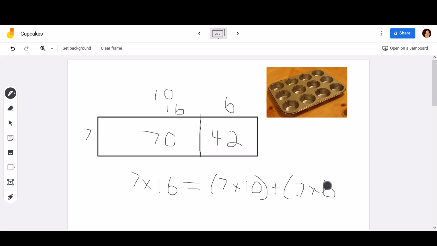And I told them that is the distributive property, which they like those big words, and that this is what is represented. It's like you got your big cupcake pan that's 7 by 16, and you're going to draw a line here in the cupcake pan and count the cupcakes that way, 70. And they understood it, and they could do it finally. So I just wanted to share that.